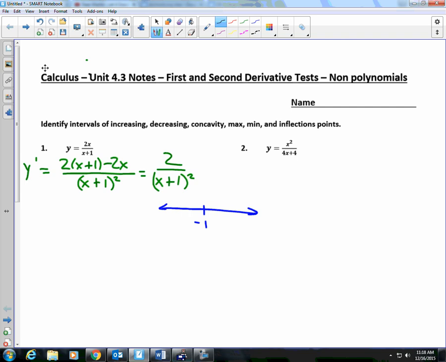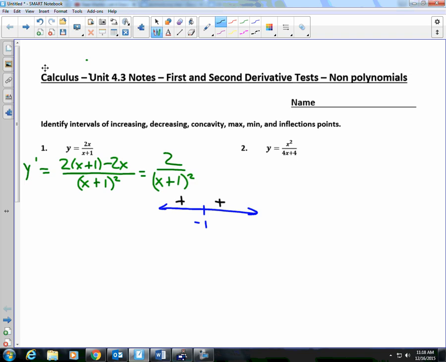No, it's not. And to confirm that this is always positive, let's plug in a -2. -2 plus 1 is -1. Squared is 1. 2 divided by 1 is positive. Plug in 0. You get a positive over positive, which is positive. So just as we said, we know that it is positive the entire time.